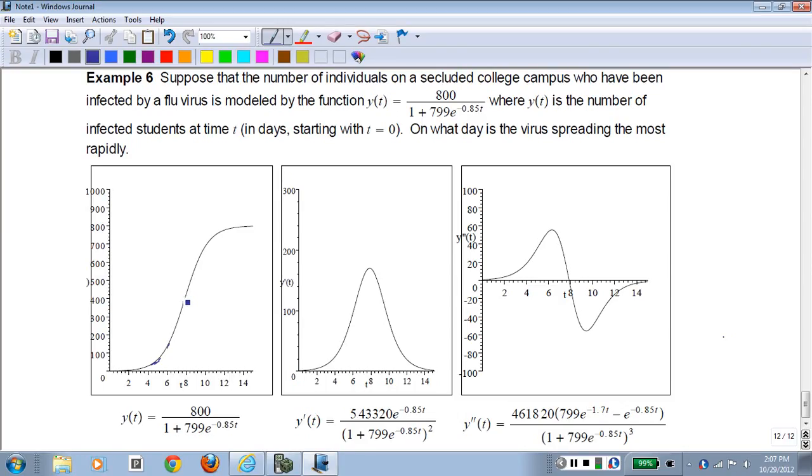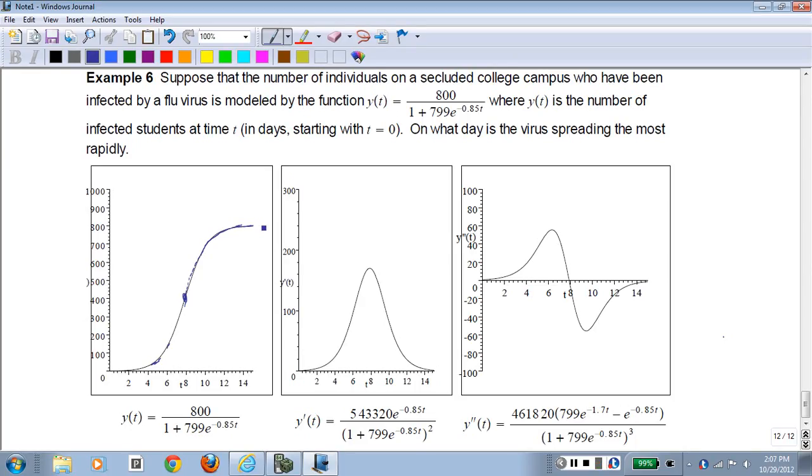So you'd think it would just keep going like that, and I guess if there's a larger population, it's going to keep doing that. But there are only so many people in this secluded college campus. So at some point, the growth rate diminishes right in here somewhere. And then from that point on, only so many people who are going to get it can get it. So it grows more slowly.